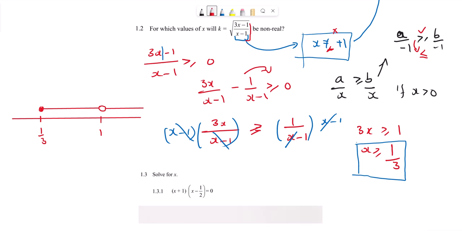If we take values greater than 1, you are going to get something like 3 over 1 minus 1, 3 over 2 minus 1.